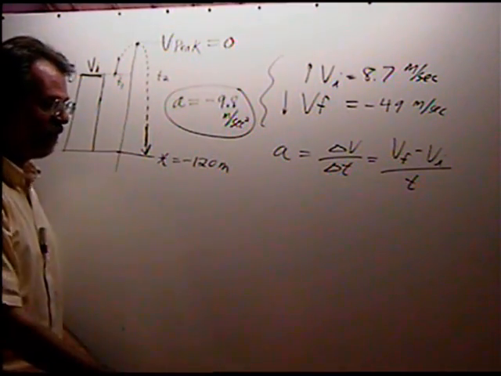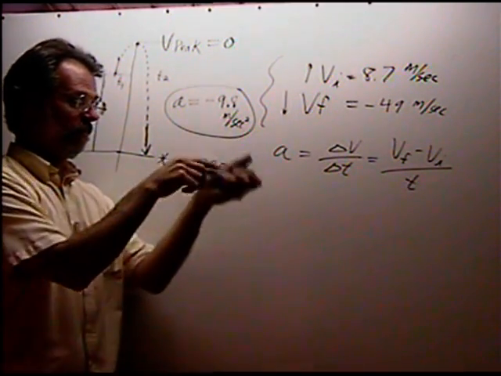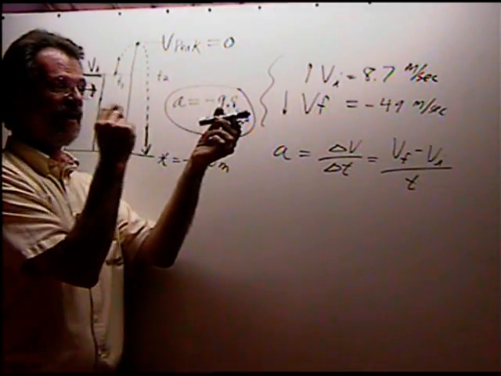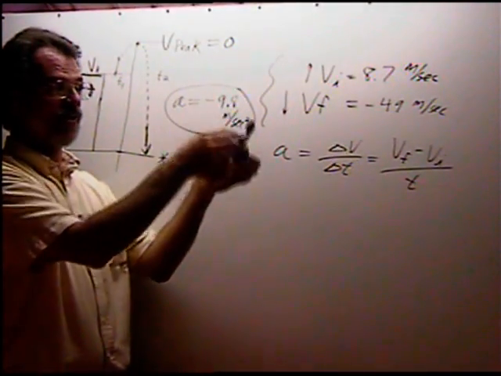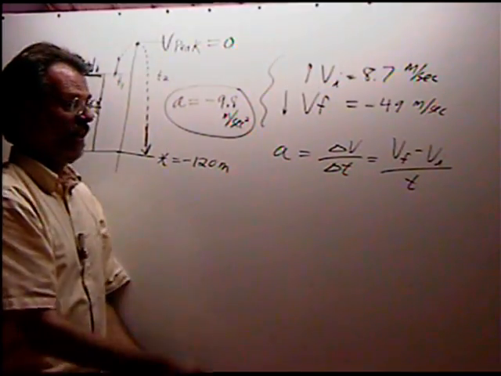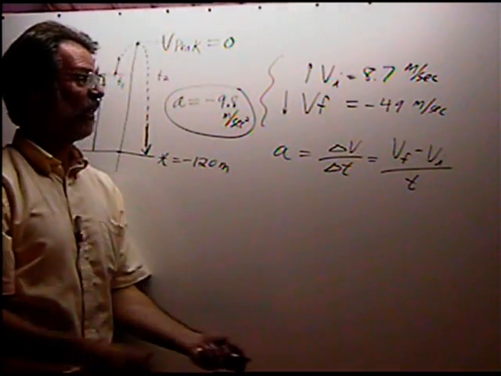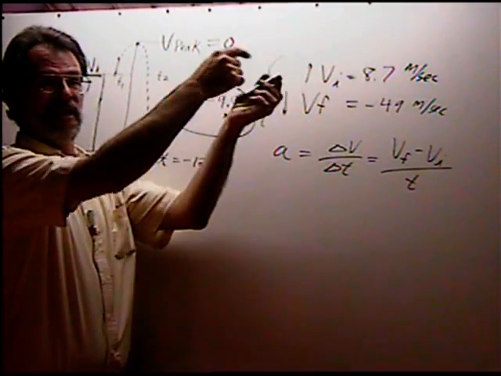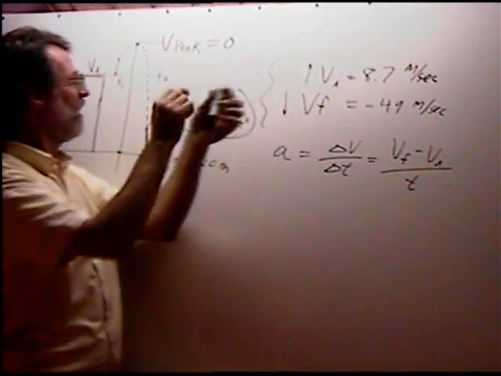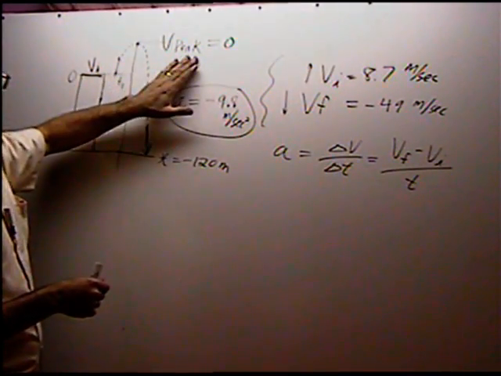When you throw something up, at the very peak, right at that instant, the velocity is 0, and then it starts to fall back down. So we can solve for that time.